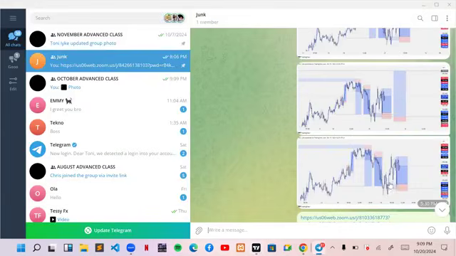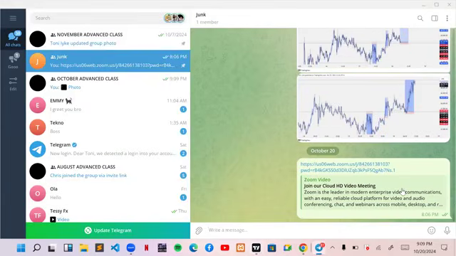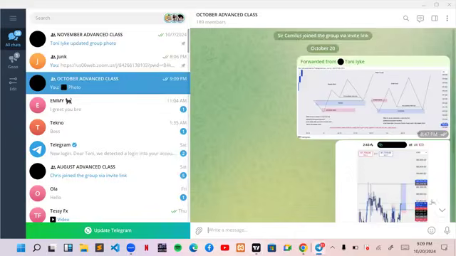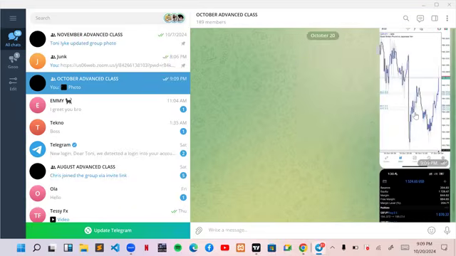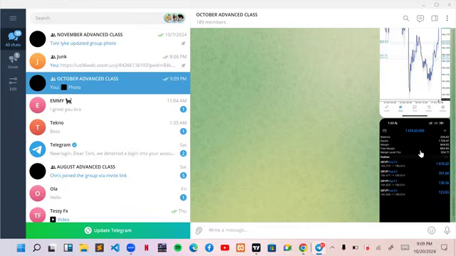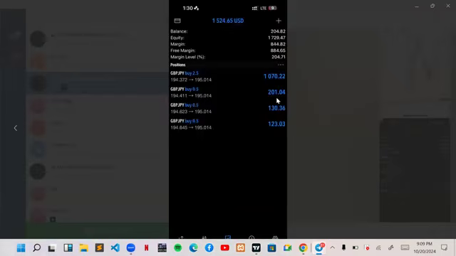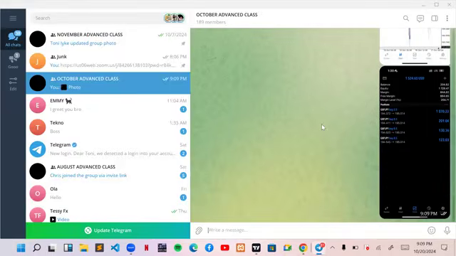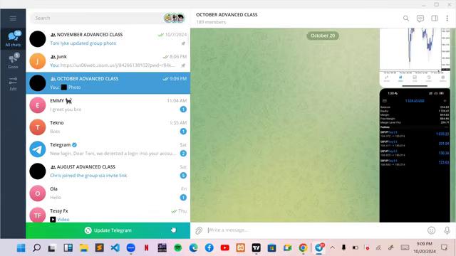So this is it. I have the MT5 structure. So pay attention, this was where the entry was, this breaker block. This was the MT5 structure for this breaker block trade.